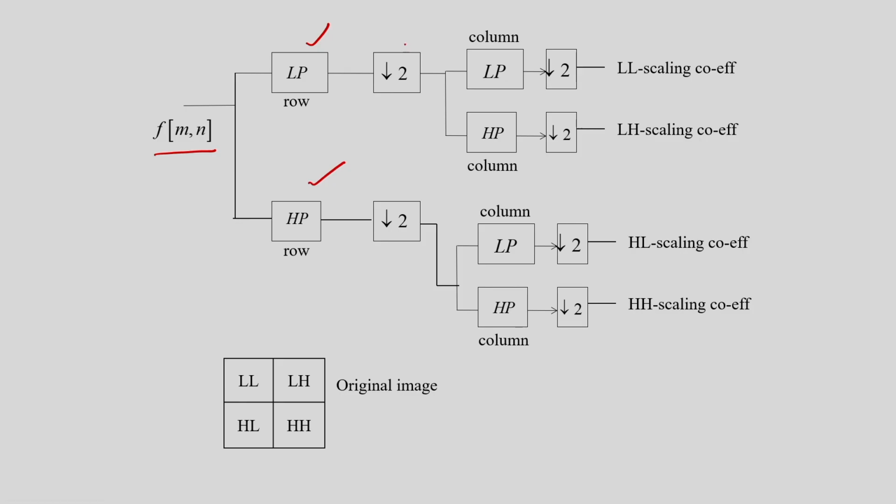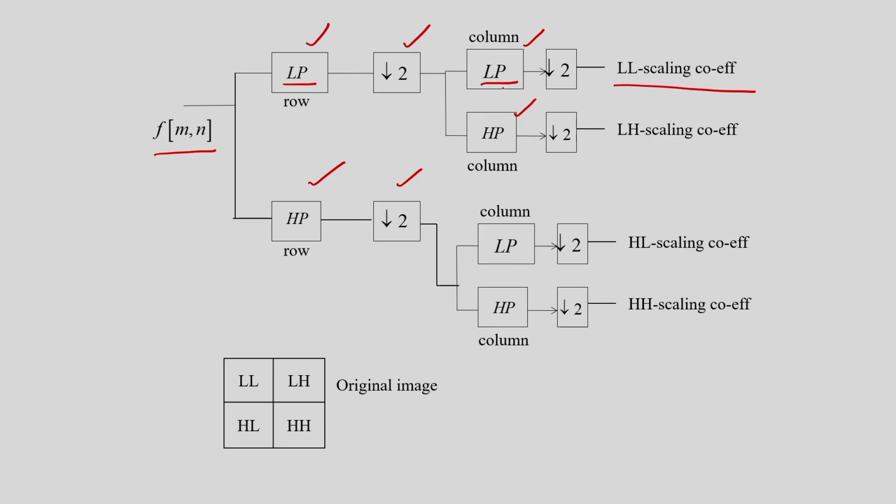After this I am doing the downsampling by 2, and then again I can do the decomposition of the signal. You can see again I am applying the low pass filter and the high pass filter, and after this I am doing the downsampling by 2. The first component I am getting is the LL component, because I am applying the low pass filter and the low pass filter here.